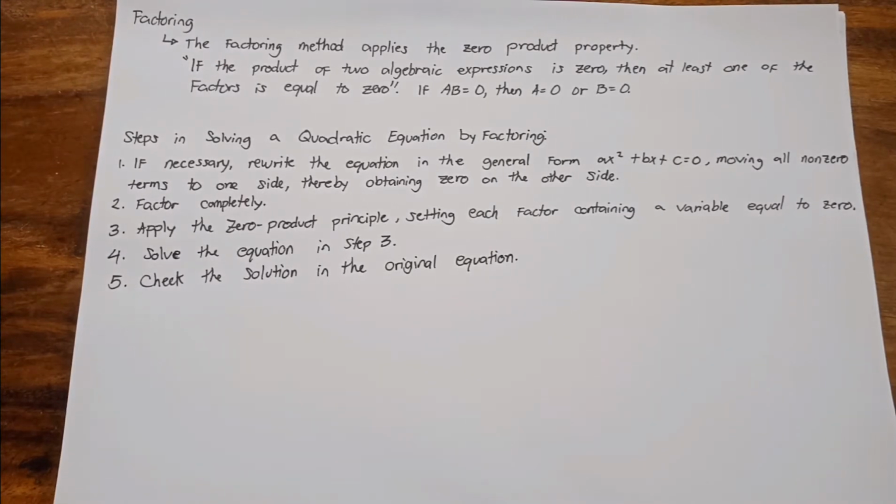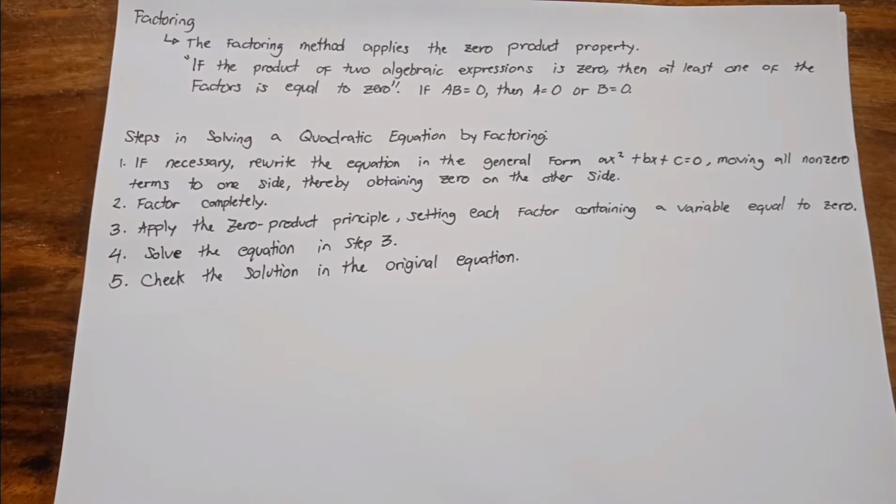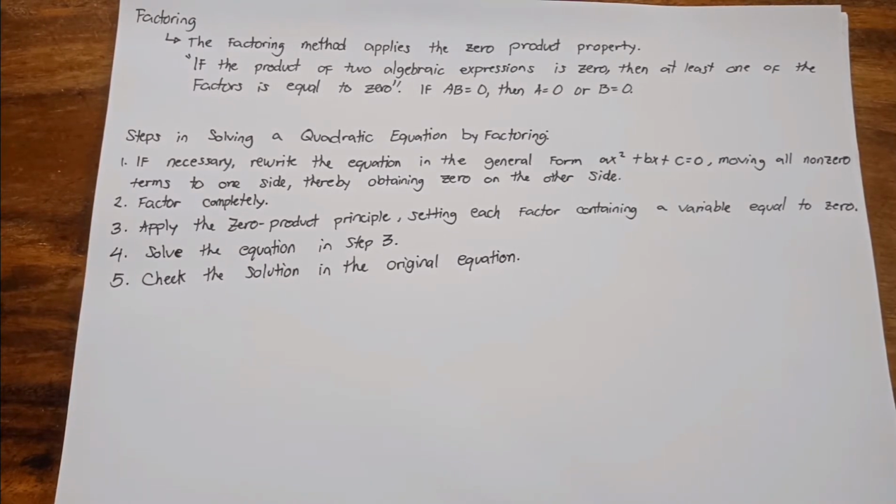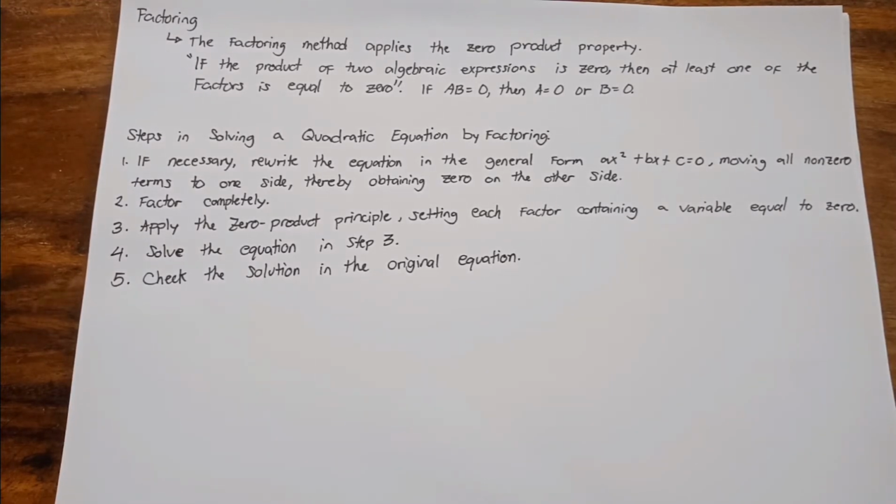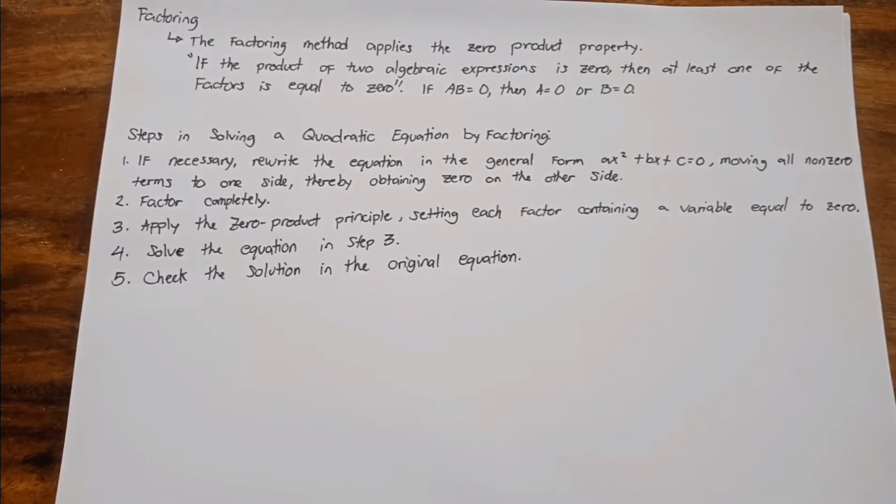There are 5 steps in solving a quadratic equation by factoring. First, if necessary, write the equation in the general form ax squared plus bx plus c equals 0, moving all nonzero terms to one side, thereby obtaining 0 on the other side.